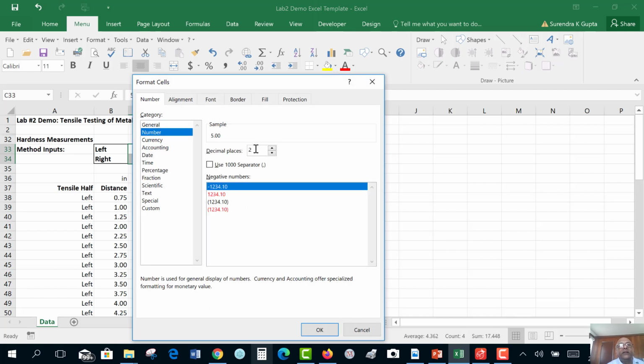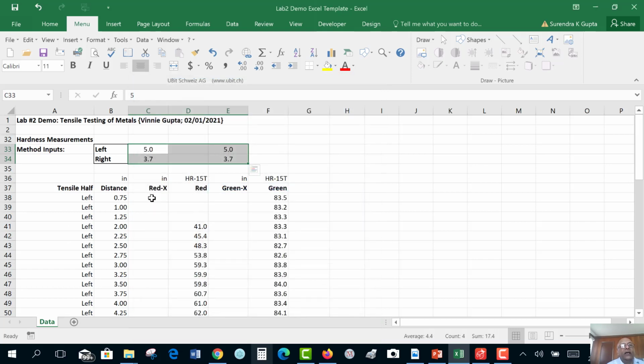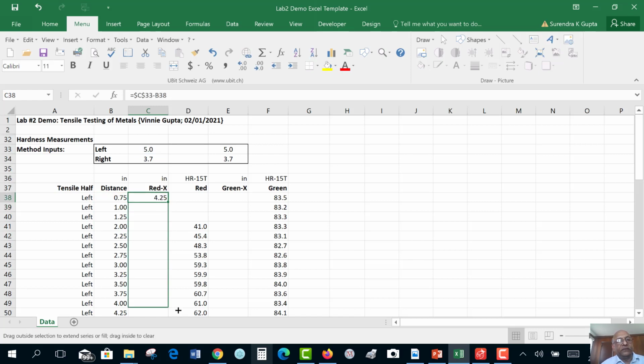So we want distance. First of all, we want 3 digits everywhere because our precision in measuring with vernier caliper was thousandth of an inch. So what we are going to do is we want to measure distance from the failed edge. So we are going to take this value 5, which is our length of the half. And we want to always consider this length. So we are going to put a dollar sign in front of them. Minus the distance from the left edge. And we are going to copy this down for the left half.